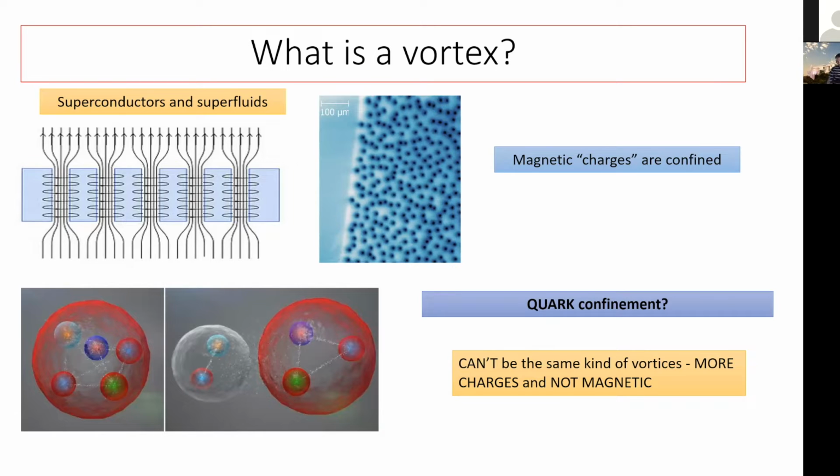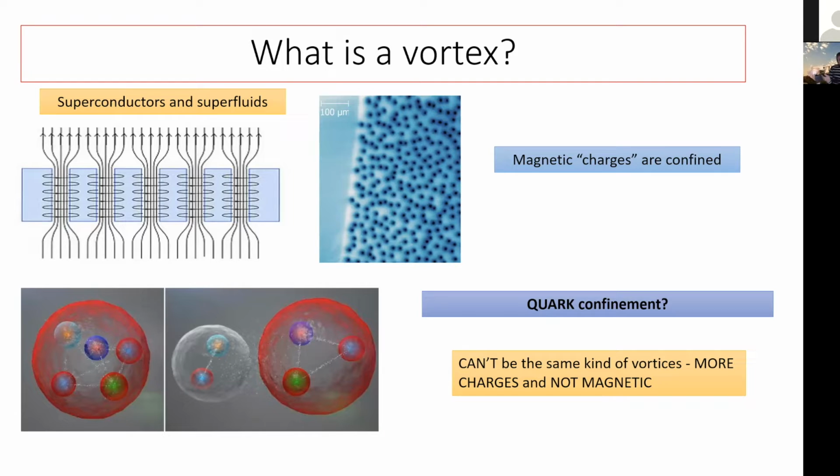And the idea of confinement via vortices, at least the way 't Hooft and Mandelstam proposed it in the 70s, is that the same sort of superconducting mechanism should be happening in QCD in the superconducting phase, where the analog of these superconducting vortices should form, and these should confine quarks.